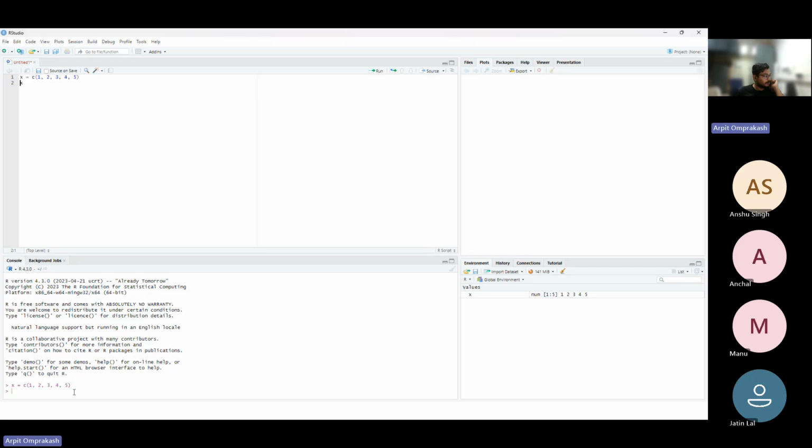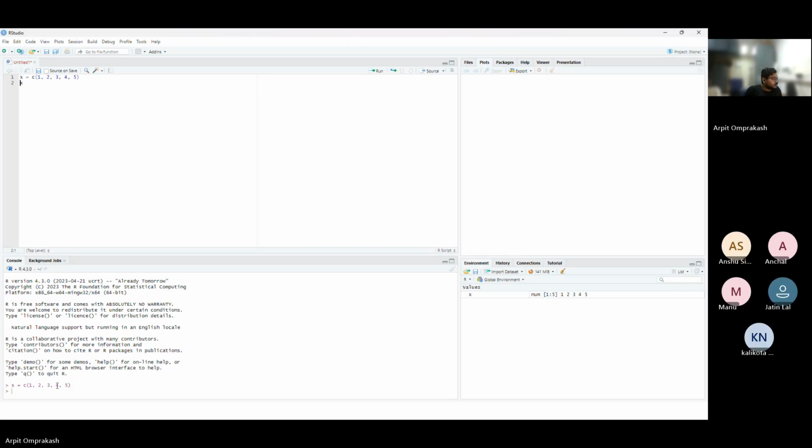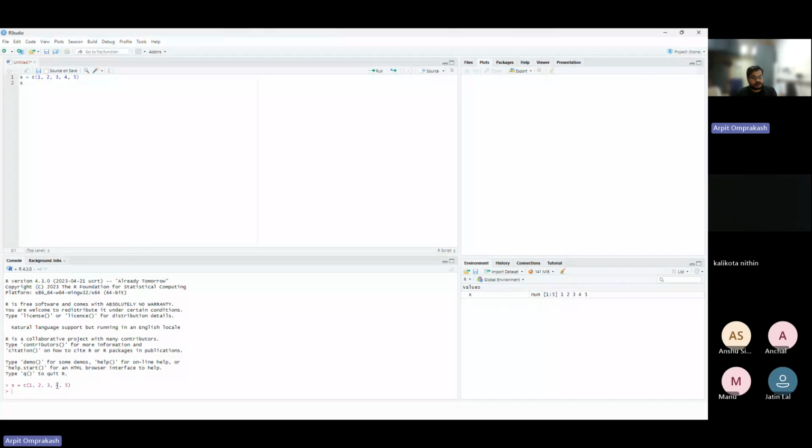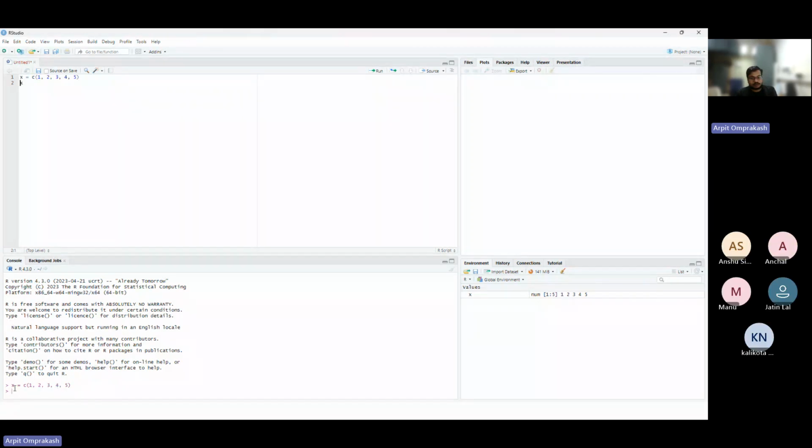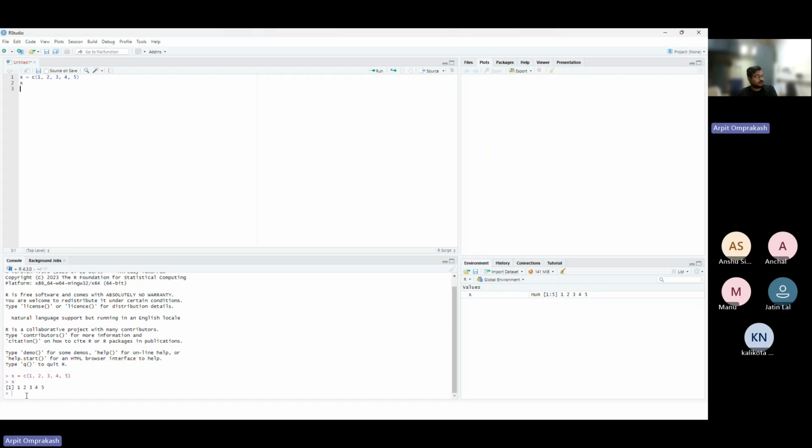It will run it one by one in the console. And we see that we have created this value x, which stores this list, 1, 2, 3, 4, 5, which reflects in the environment tab here. And if I run the second line, it will print x to the console, which is 1, 2, 3, 4, 5. Right.